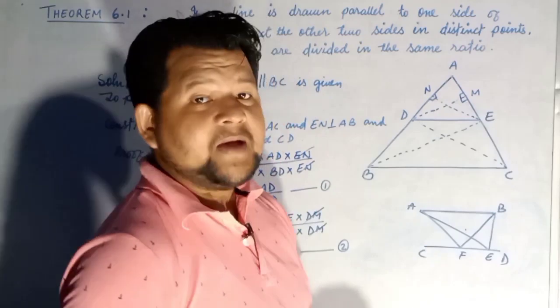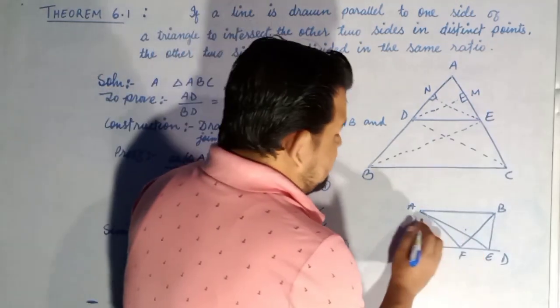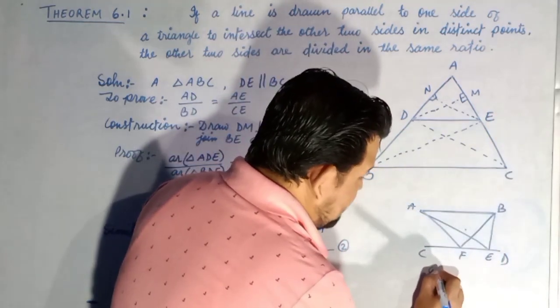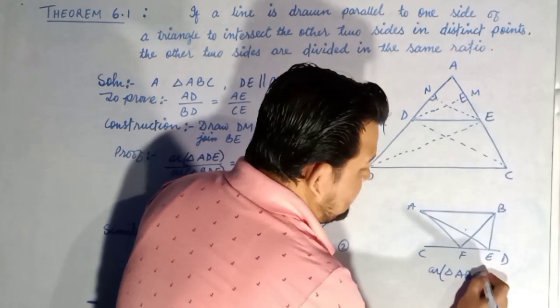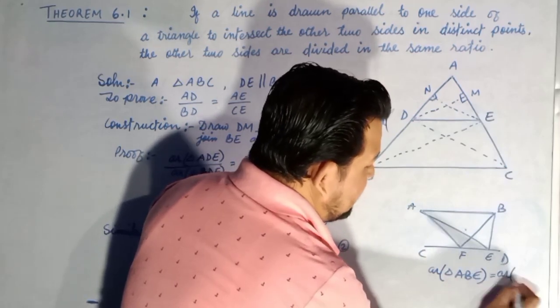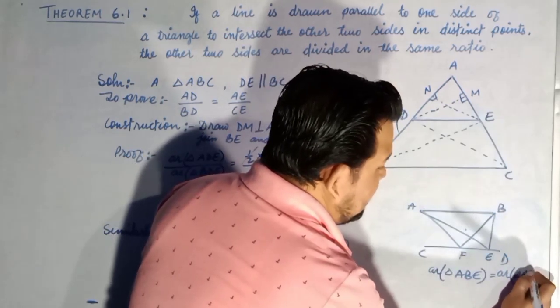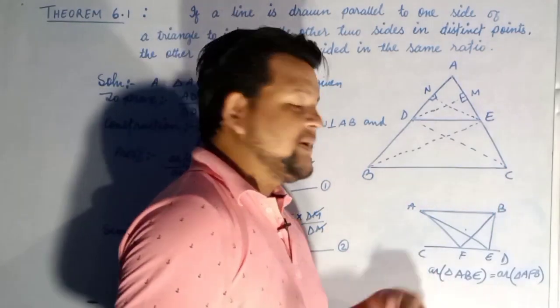Then we will have to know that the theorem tells us that area of triangle ABE will be equal to area of triangle AFB. So you will have to know this. This theorem is giving us guarantee.